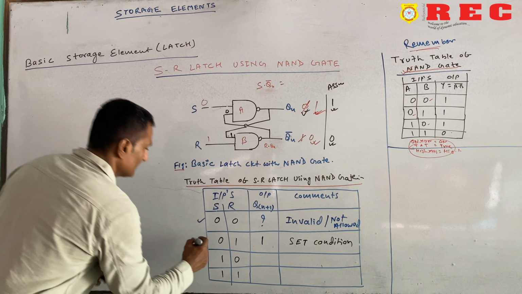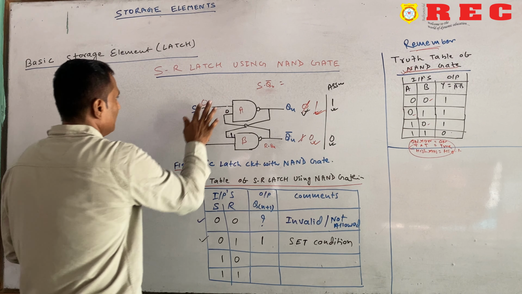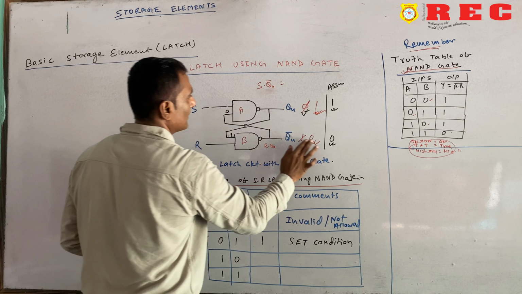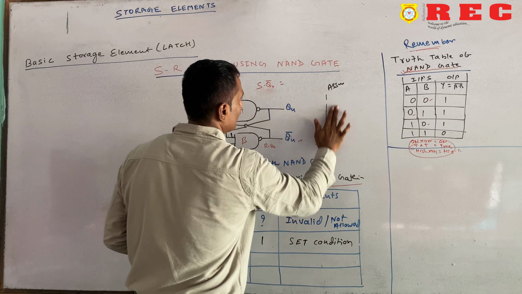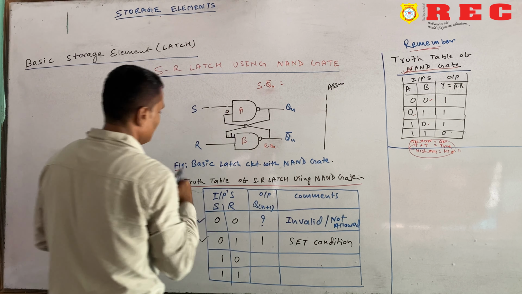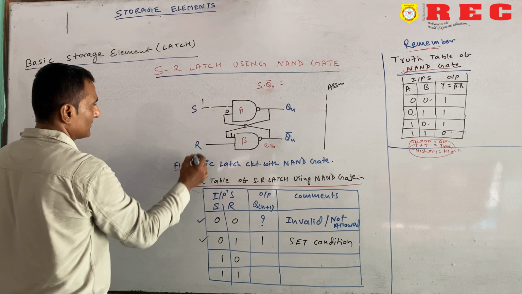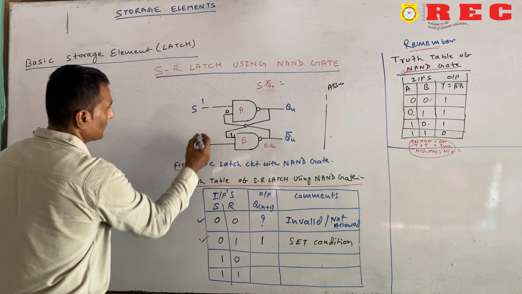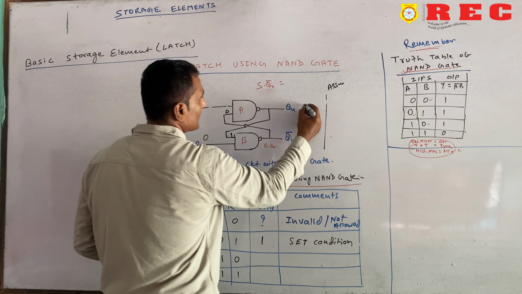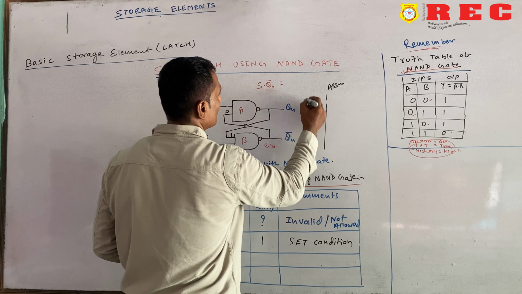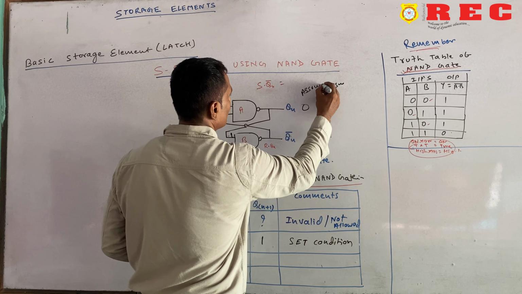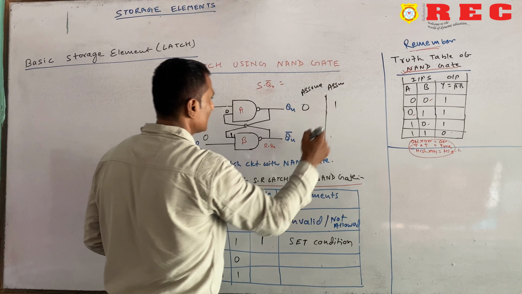Now the next one, we will see here, if S is equal to 1, R is equal to 0, and assuming this is 0, and further we will assume 1.